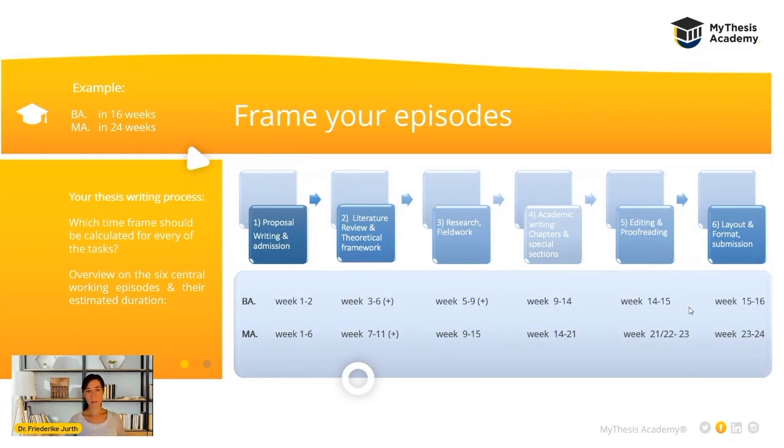Here in this example, I just put the bachelor thesis and the master thesis, and after this, we will go over to the Ph.D. thesis, because here you have a kind of change in the system.